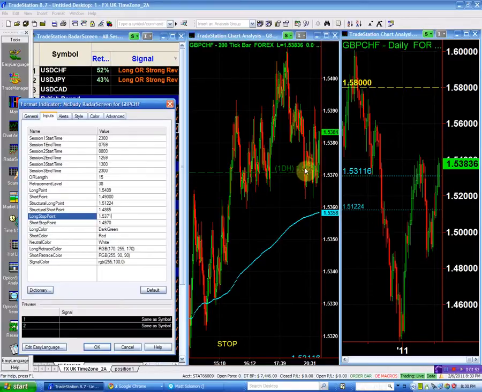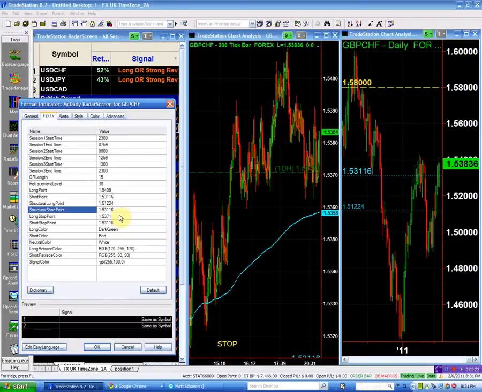This one momentum high, I'll show it to you in a second. And my short point is the structural point, which is 153.11. If I go short below 153.11, it is also going to be my stop. My structural short right now is also my short point.